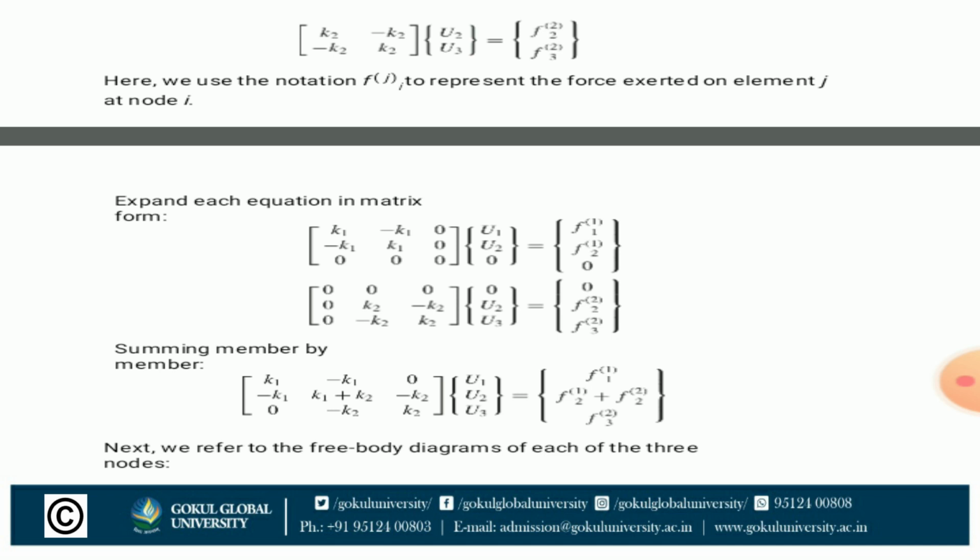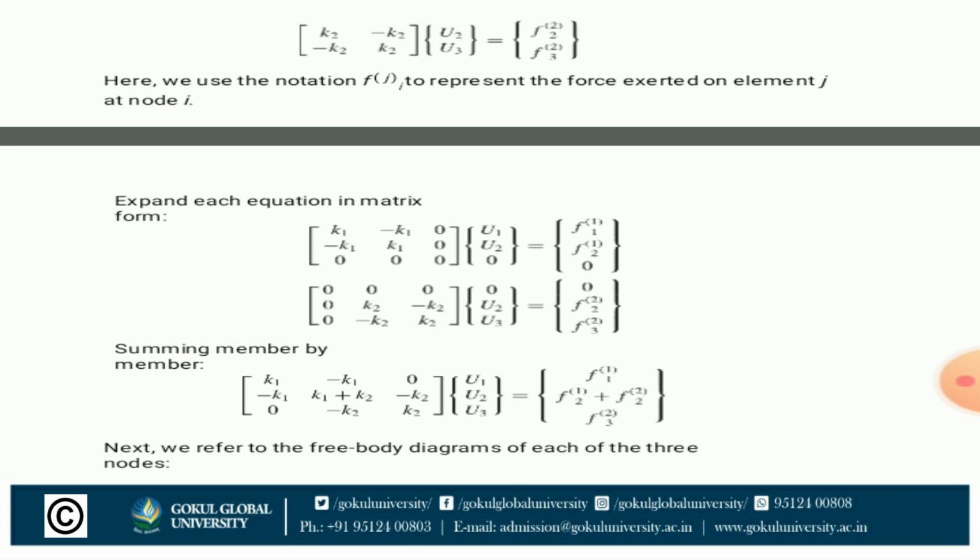You don't need to panic or bother about why the plus and minus signs appear when summing the algebraic equations. Next, 0, minus K2 and K2 plus K3, which form the 3 by 3 matrix.